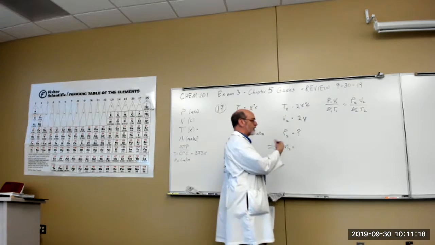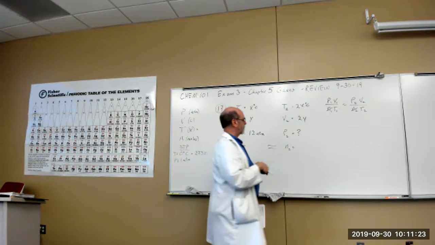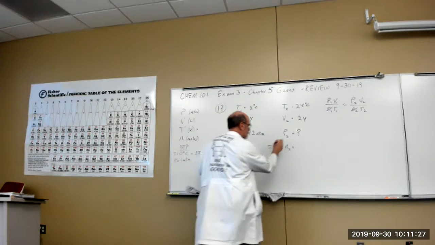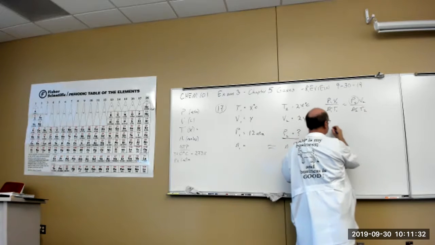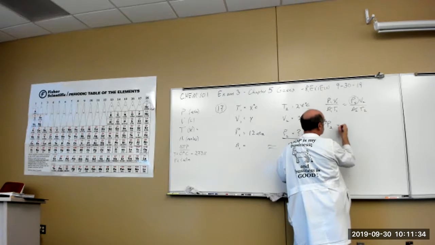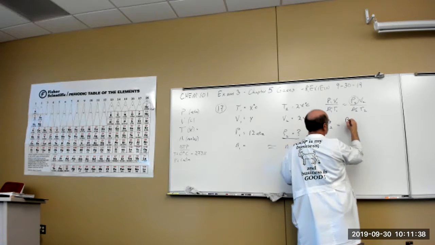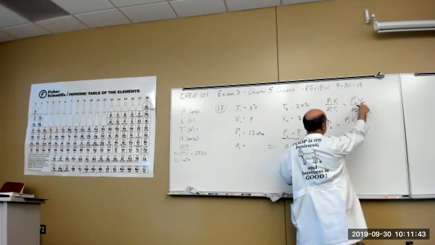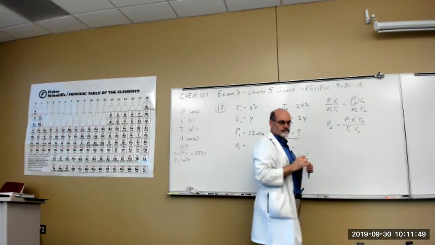Right? So now we have P1 V1 over T1 equals P2 V2 over T2. We want to answer this question right here. We want that one. So let's solve for that one. P2 equals what? This one comes over here. Right? And this one comes over here. Okay?